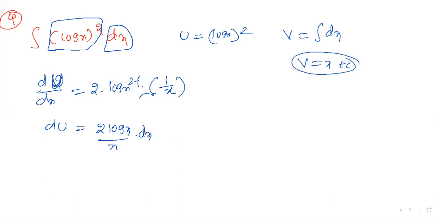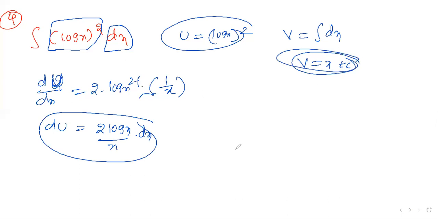Now you know the u value and the v value also. Now start applying your formula, you'll get the answer. Can I continue on the next page? Till then you can copy these answers, u, v, du.